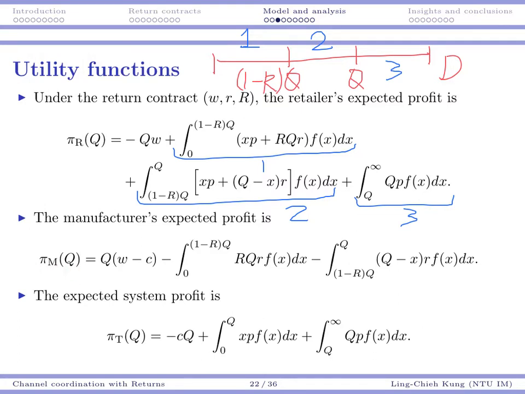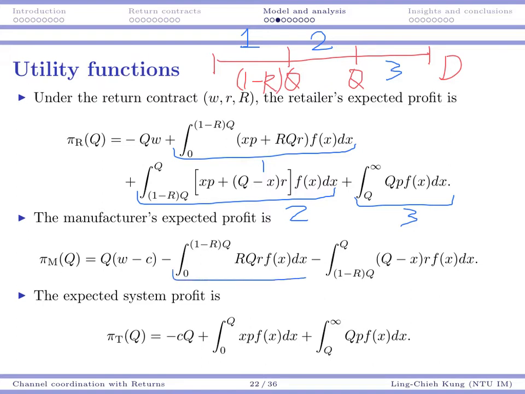The manufacturer needs to pay cQ as the production cost, and the manufacturer can earn Q times w as the wholesale revenue. But the manufacturer is also facing some risk about buying back the unsold products.